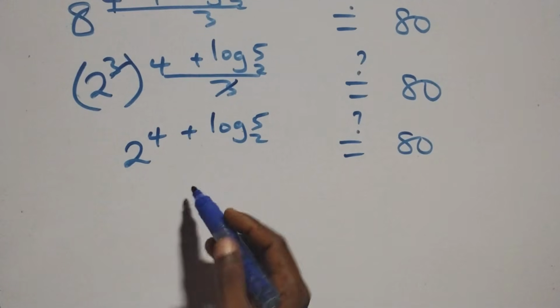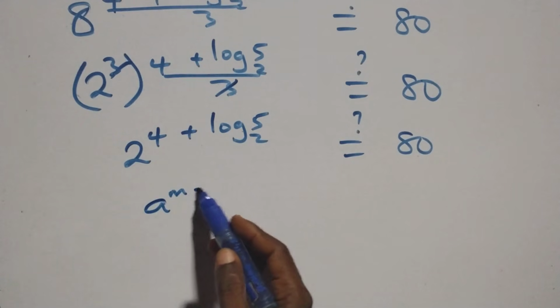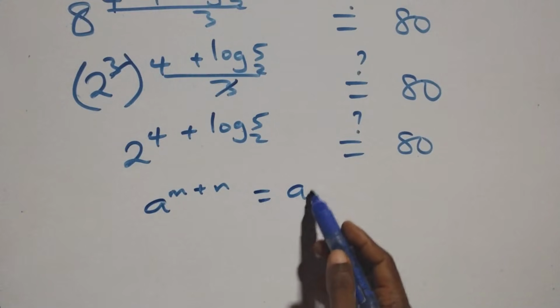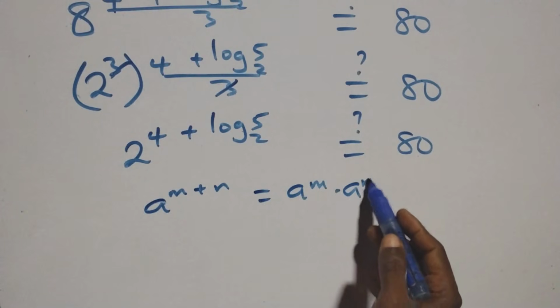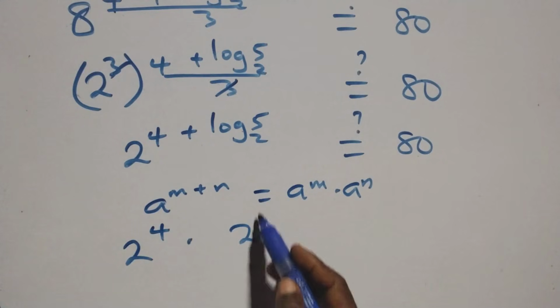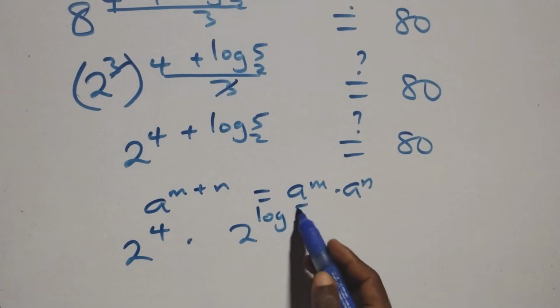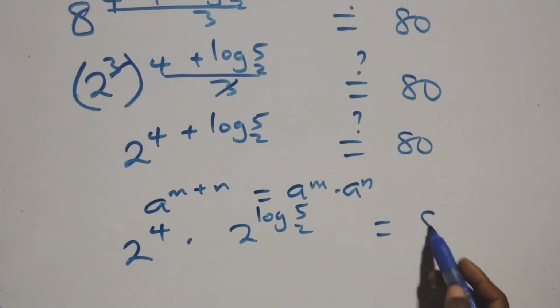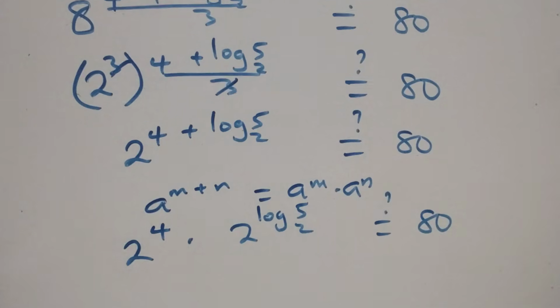This follows the law of indices. When we have a raised to power m plus n, same thing as a raised to power m times a raised to power n. Here we have 2 raised to power 4 times 2 raised to power log 5 base 2, is it equal to 80 on this side?